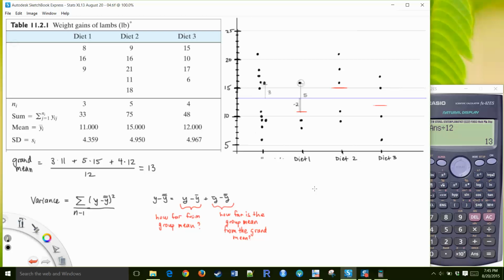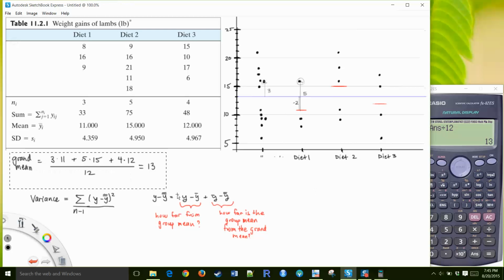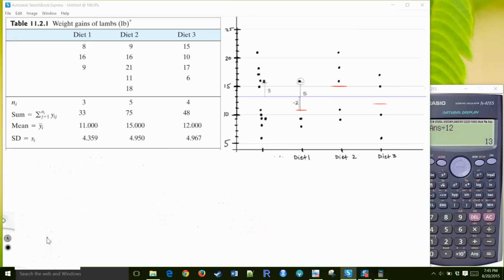We call this the between group variation and the within group variation, which is also known as the residuals. And this will add up to our total. We're going to have a df column, just ignore it for now.